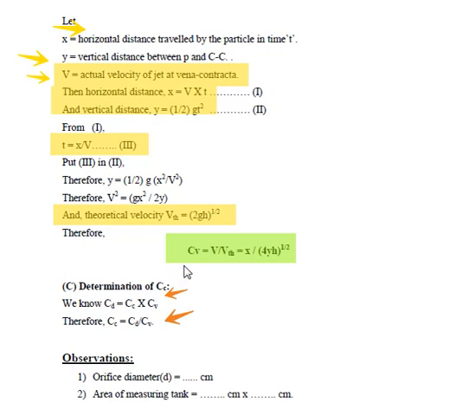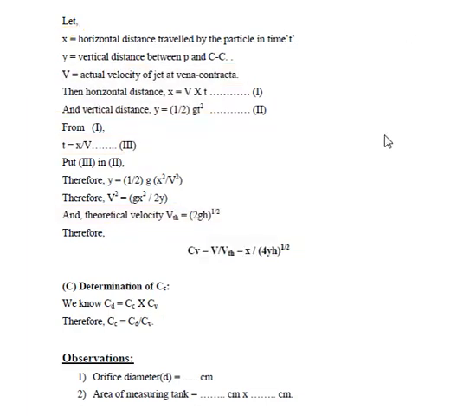Now what is coefficient of velocity? It is the ratio of actual velocity upon theoretical velocity. How to find this ratio? You can find out by this equation. Now what is the value of Cd? Actual discharge upon theoretical discharge, that is the value of Cd.